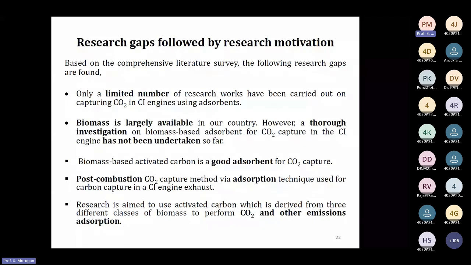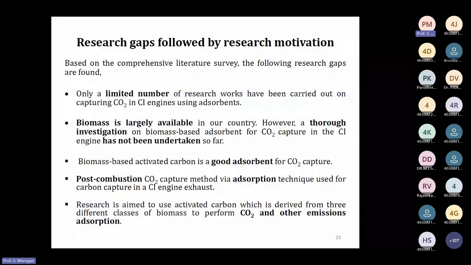Why we chose biomass? Because activated carbon that you can obtain from biomass, this biomass-based activated carbon acts as a good adsorbent for CO2 capture. And of course, in post combustion you can integrate your device after the engine exhaust, and you can adopt the adsorption technique easily.